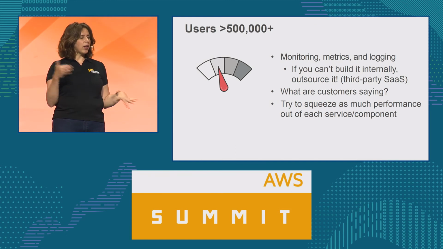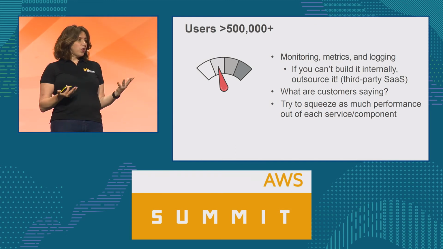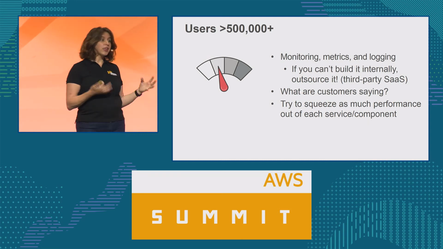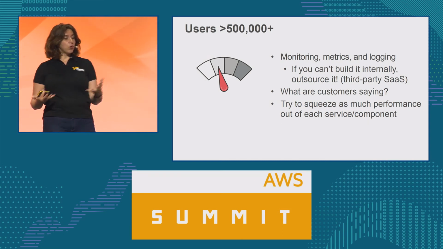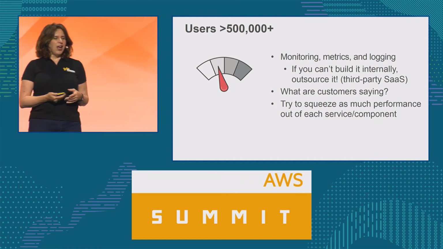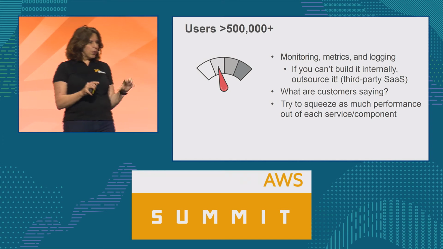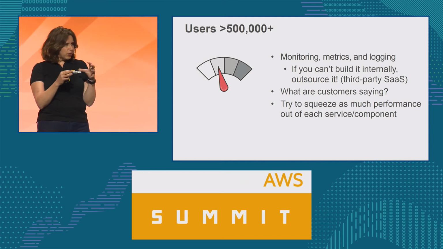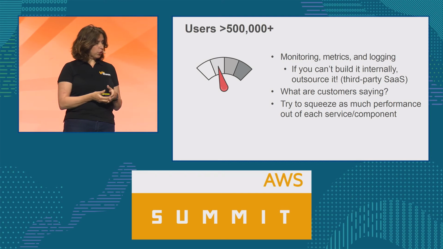You need to be able to see the whole stack. Another thing you can also do is just look at what your customers are saying and start drawing in some of that data and seeing how that impacts how you further enhance and improve your system. And the goal really is to squeeze out as much performance as you can for each component, so each thing is operating as efficiently as possible.